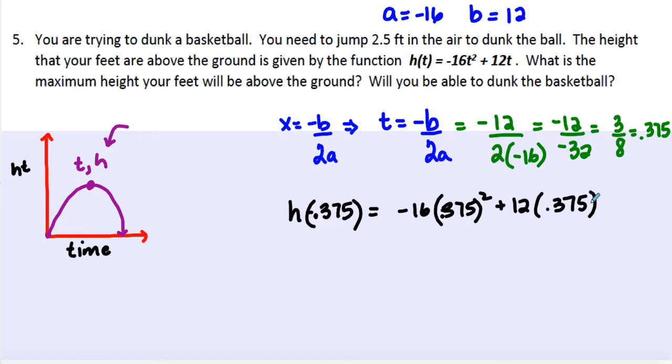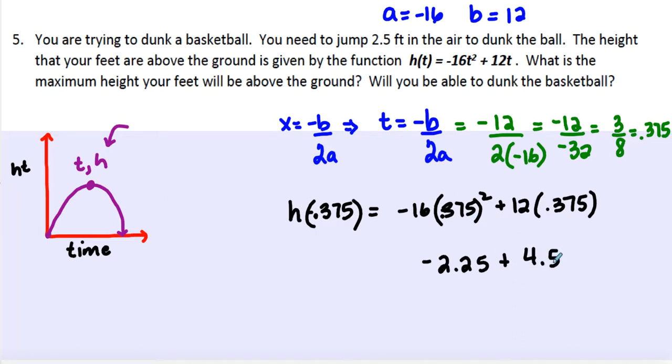So 0.375 squared gives me 0.140625, times negative 16 gives me negative 2.25, plus 12 times 0.375 gives me 4.5.